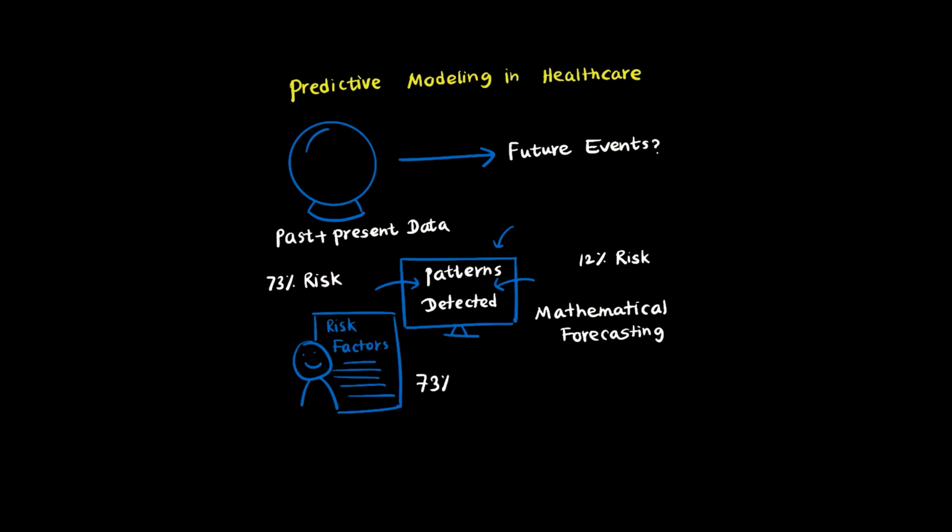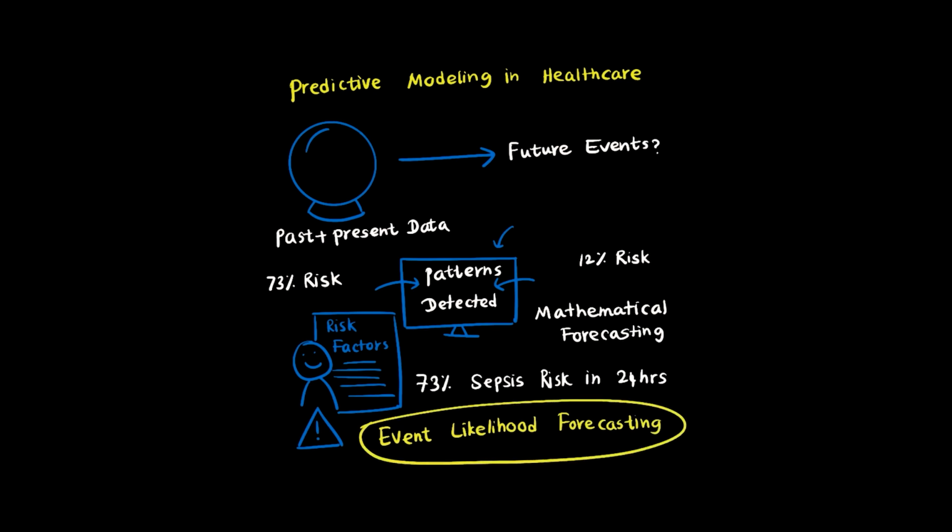A patient might seem stable, but the model detects their white blood cell trend, slight temperature elevation, and recent surgery combine to signal 73% sepsis risk. This early warning allows intervention before obvious symptoms appear. The model literally uses mathematical algorithms to forecast which events are likely to occur.